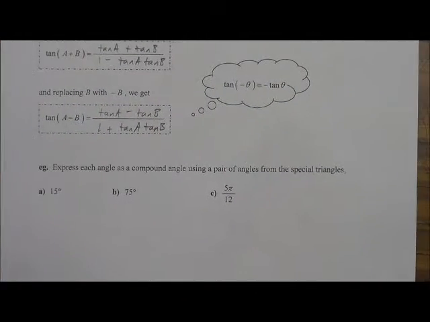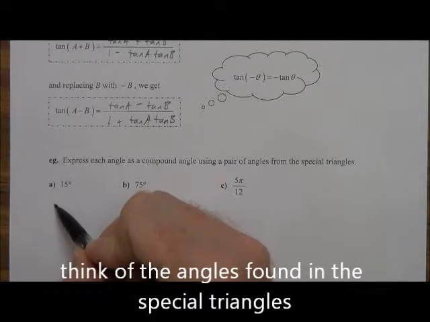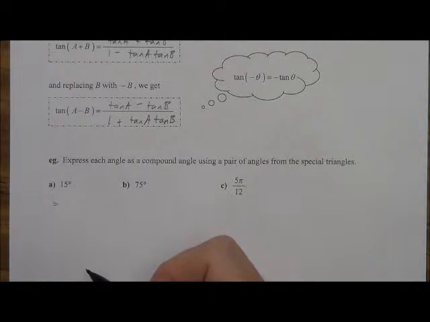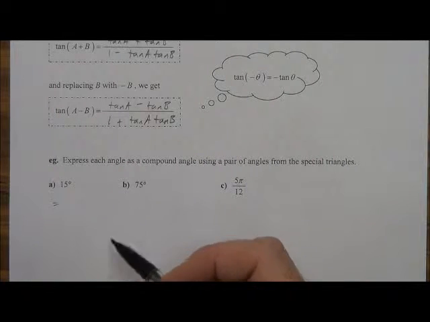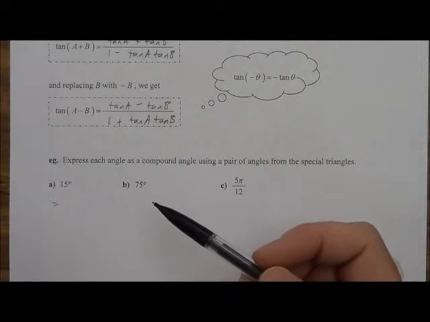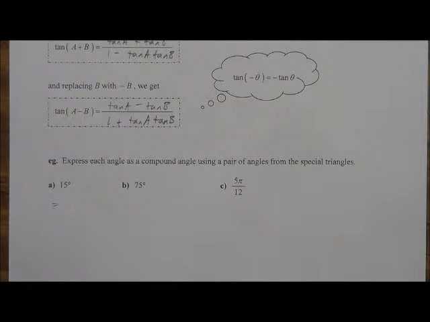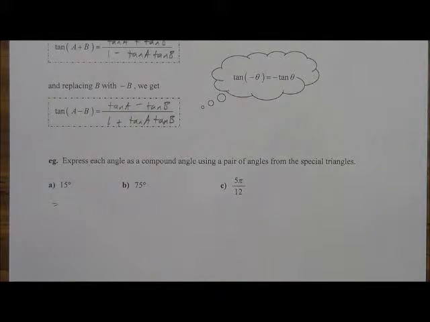Okay, so just to warm ourselves up a little bit, we want to express each angle as a compound angle using a pair of angles from special triangles. So for 15 degrees, we've got 45, 30, 60 degree angles. We've even got the 90 degree angle. We can use any combination of those to find 15 degrees by using any kind of sum or difference of those special angles.